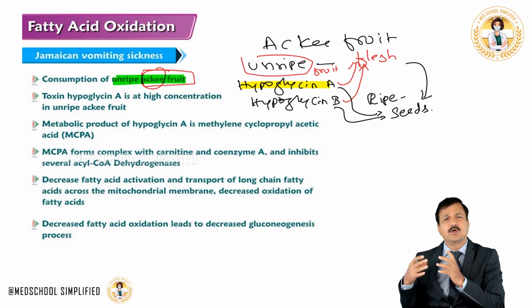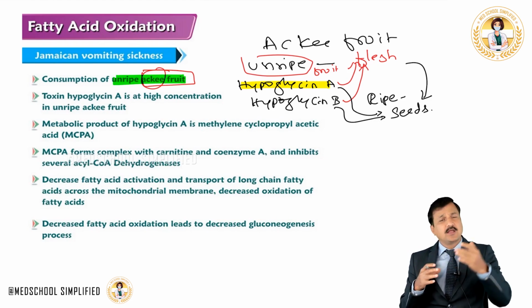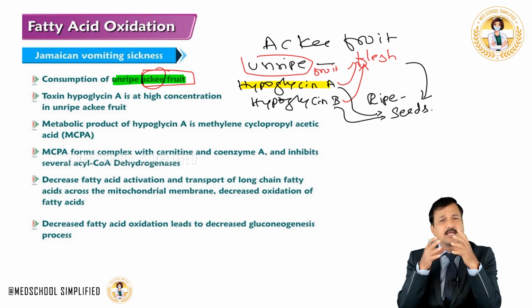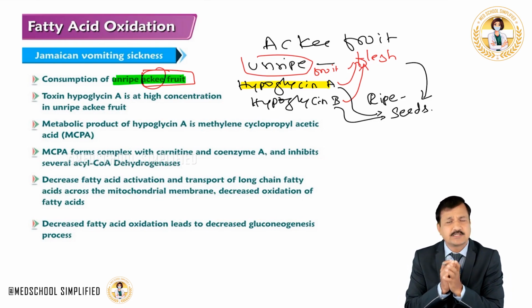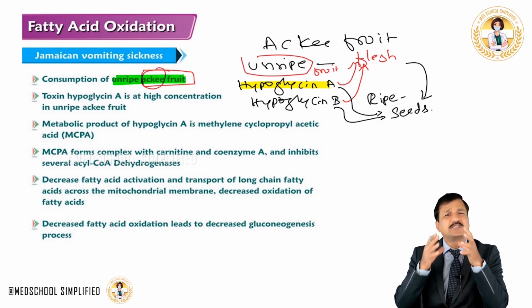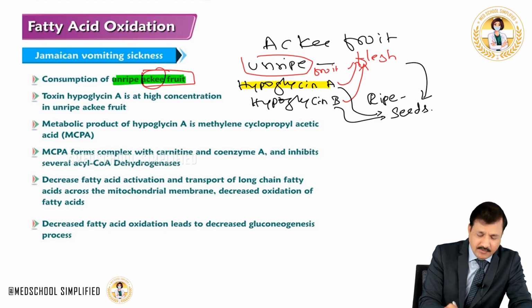It doesn't lead to signs and symptoms. There will be a high concentration of hypoglycin A and B in the seeds. Always remember, whether the fruit is ripened or unripened, the seeds are always poisonous.